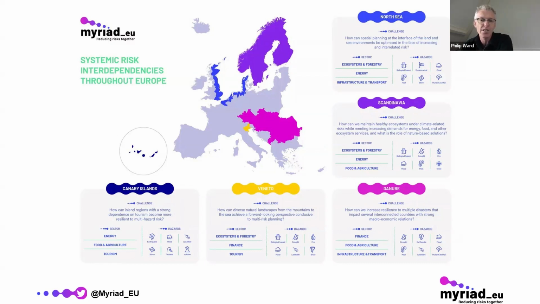That's why here you see these 5 pilot regions, which are at the heart of our project: the North Sea, Scandinavia, Danube, Veneto, Canary Islands. In each of these regions, we've been working together over the last 4 years to come up with risk and adaptation pathways towards the future that consider these interactions between different hazards. So very much looking forward to discussing the project and the other projects today.